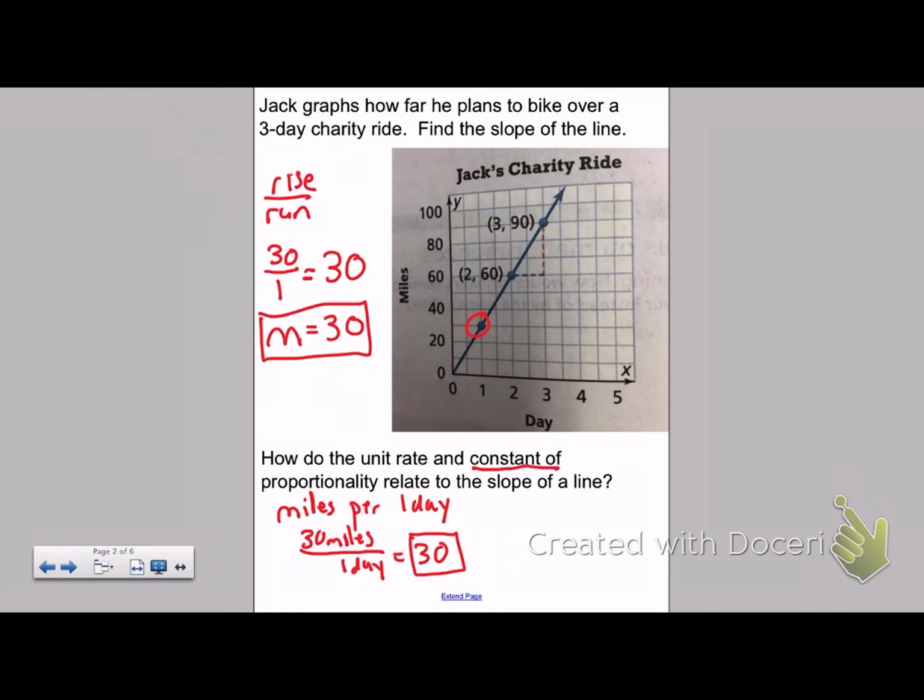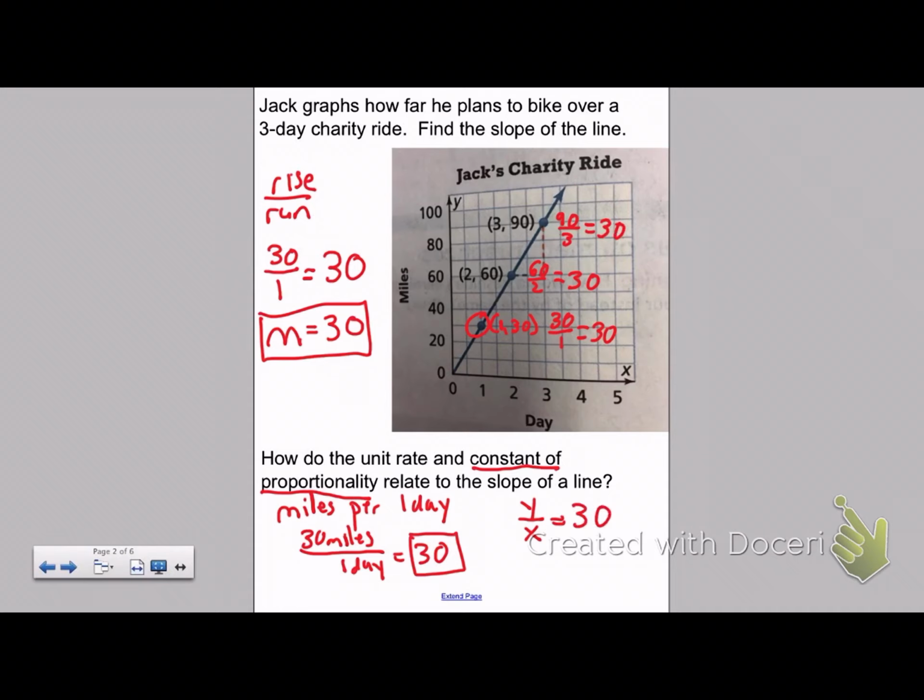My constant of proportionality is when you take every point and you divide y divided by x. So this point is 1, 30. If I do y divided by x, I get 30. Here, if I do 60 divided by 2, I get 30. 90 divided by 3, I also get 30.